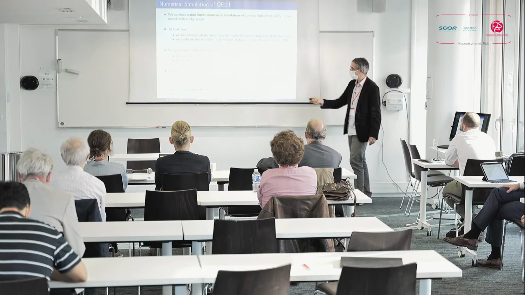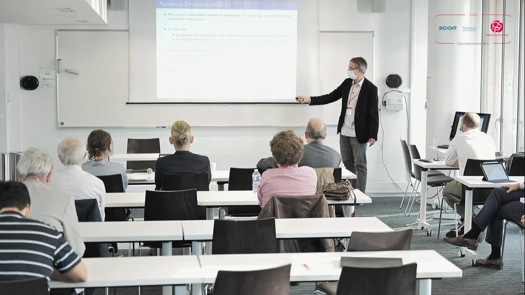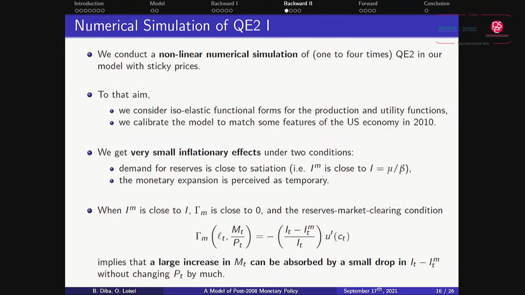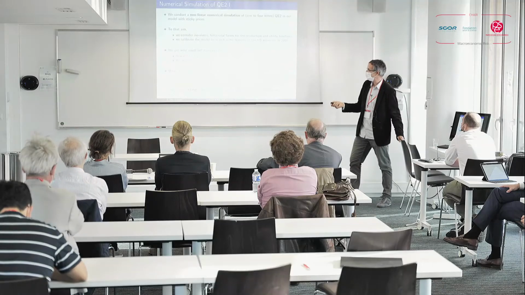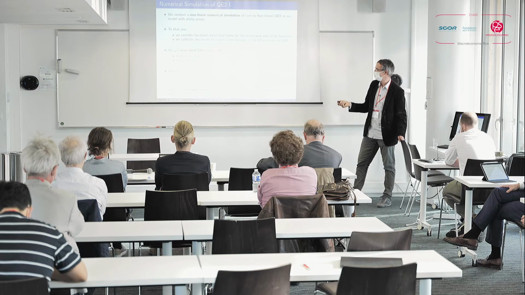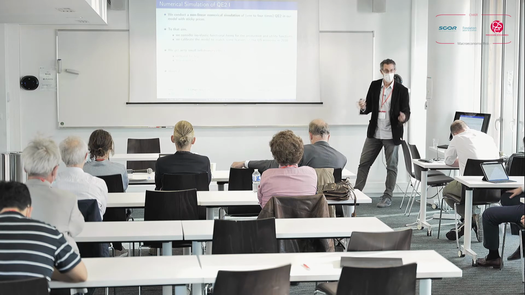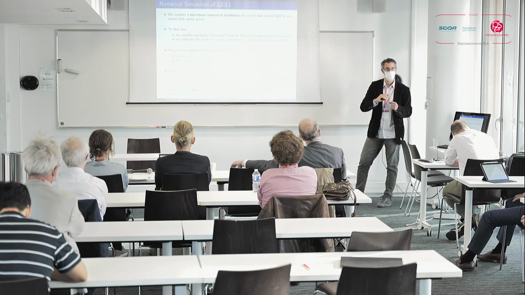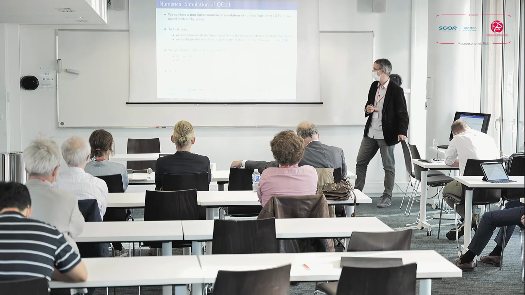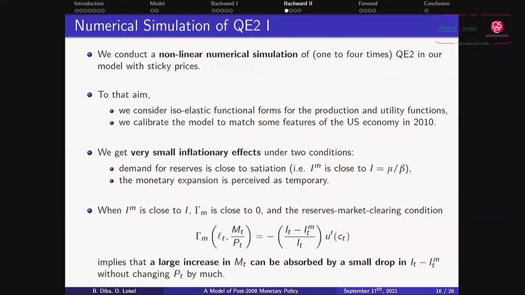So when you have a large increase in the stock of nominal money, of nominal reserves, this term here is going to increase a lot unless the price level increases itself a lot. But this increase in real reserves can be absorbed by a small drop in the spread between the interest rate on bonds and the interest rate on reserves. And this is indeed what we get here.